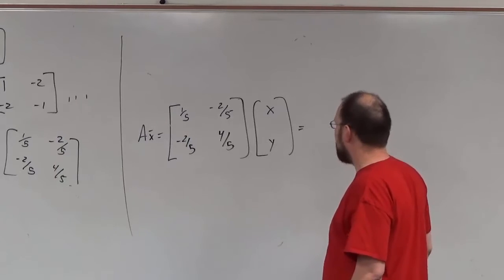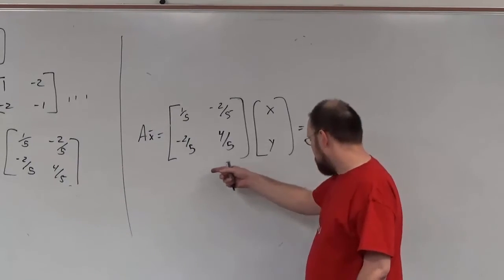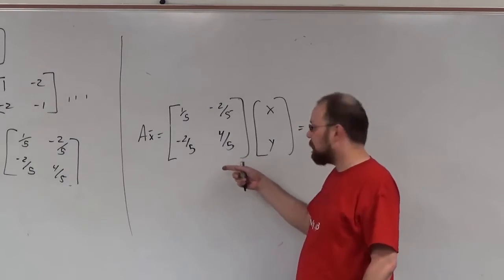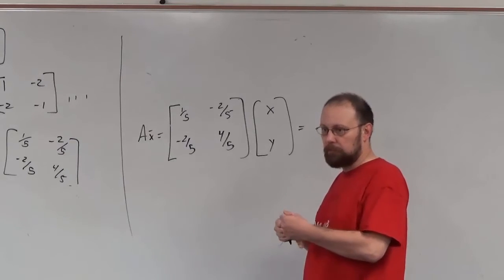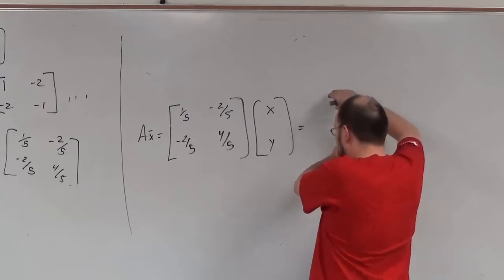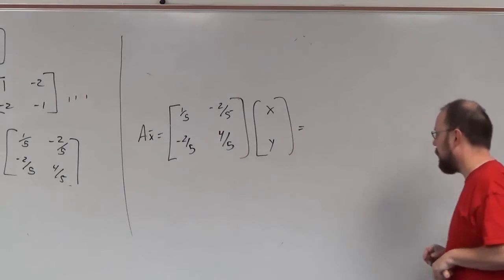I mean, what are you finding? You're finding the column space of this matrix, right? Because the matrix times this column gives you a combination of the columns. So everything you get here must be a linear combination of the columns. So you're just looking at the column space.